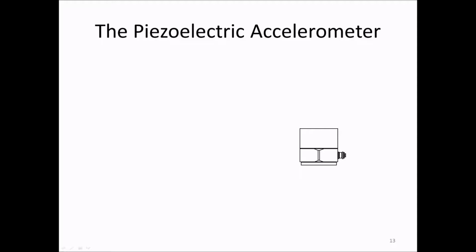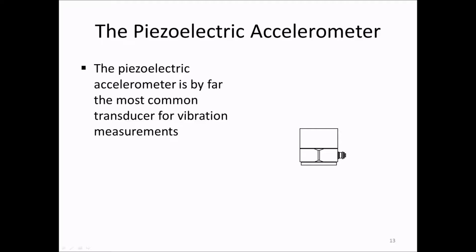Now that you understand the principles of piezoelectric sensors, and particularly the IEPE sensors, it's time to describe the most common sensors for mechanical vibration measurements. We start with the accelerometer. The piezoelectric accelerometer is by far the most common transducer for vibration measurements.